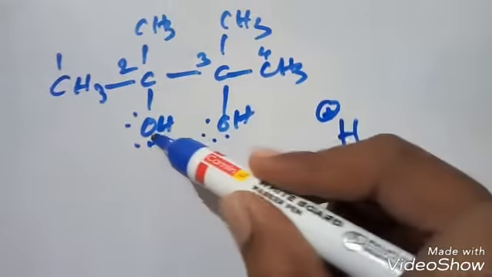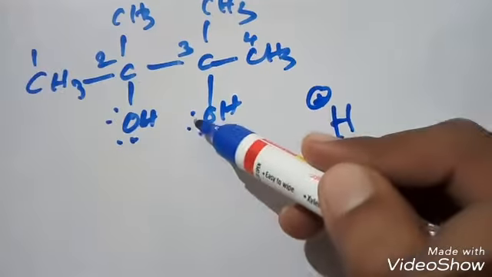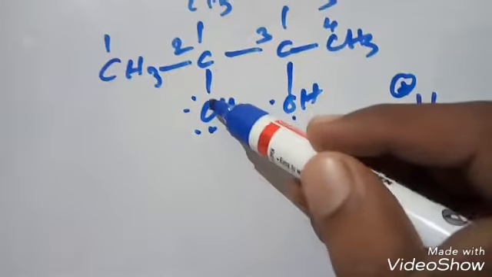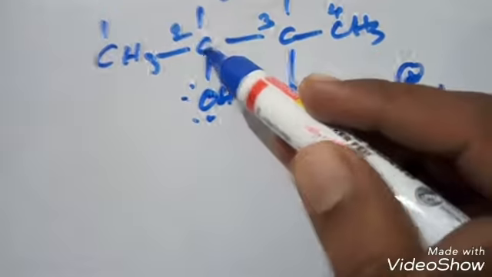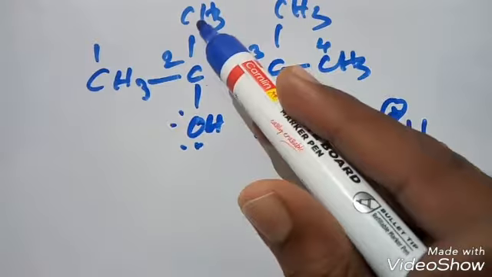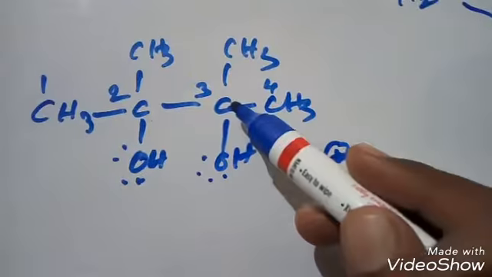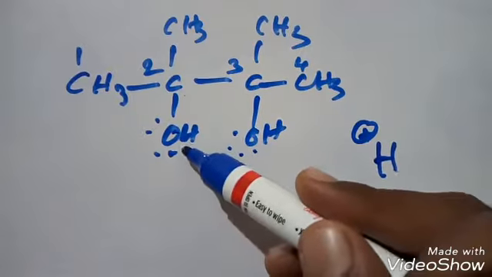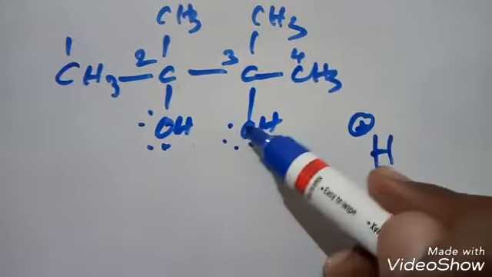No doubt this is oxygen, this is also oxygen, electron available, we may think it is the same, but it mostly depends upon this carbon, because this carbon is connected with methyl, and if we see this oxygen, again the same situation, methyl and methyl. So availability of electron on this oxygen and on this oxygen is similar.